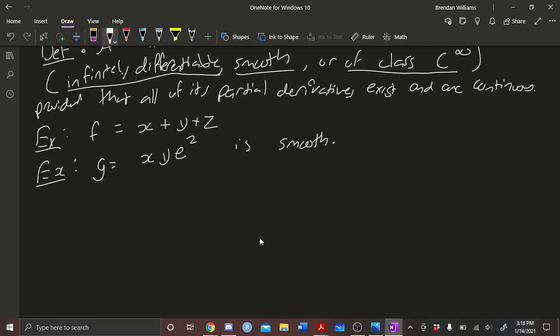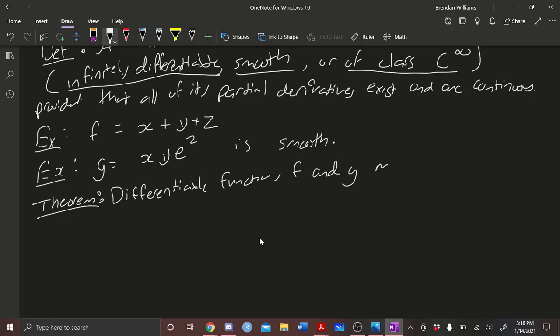Okay, so I'm just going to call this a theorem. Differentiable functions f and g may be added and multiplied to yield functions that are again differentiable and real valued.